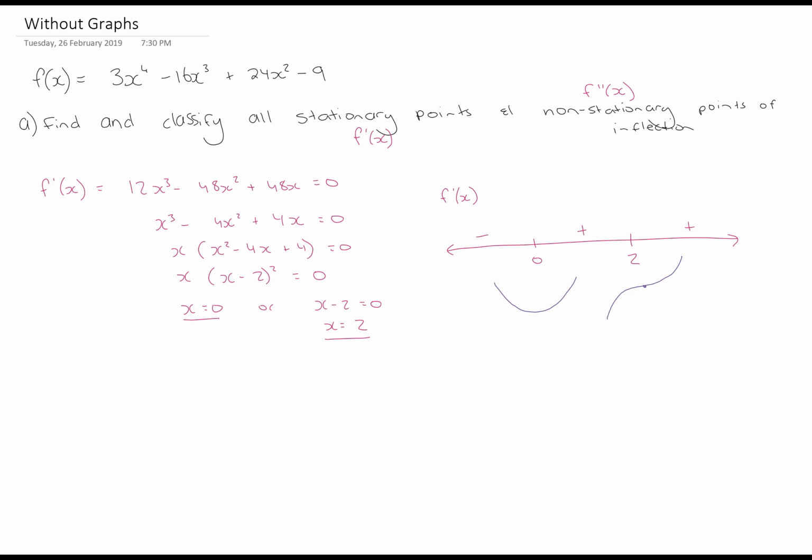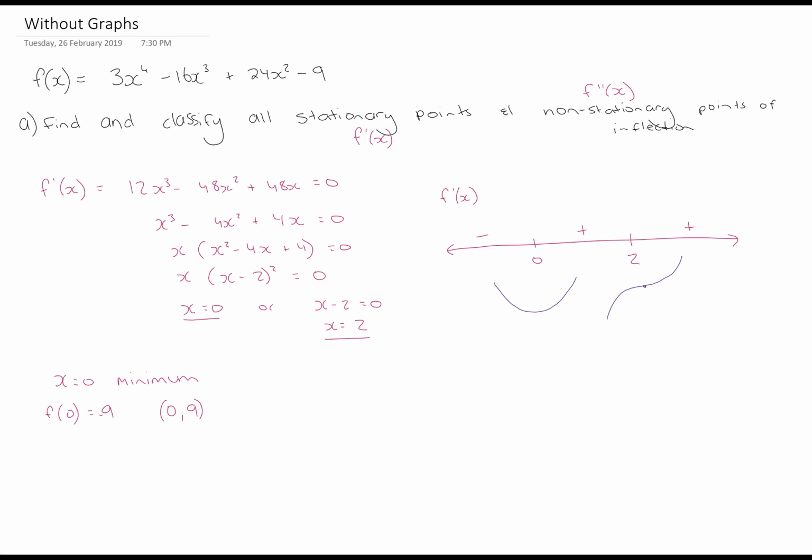So let's now look at what these points actually are. We know that at the point x equals 0, we have a minimum. And we can find out that point by substituting into the original equation, and it equals 9. So that point is 0, 9.